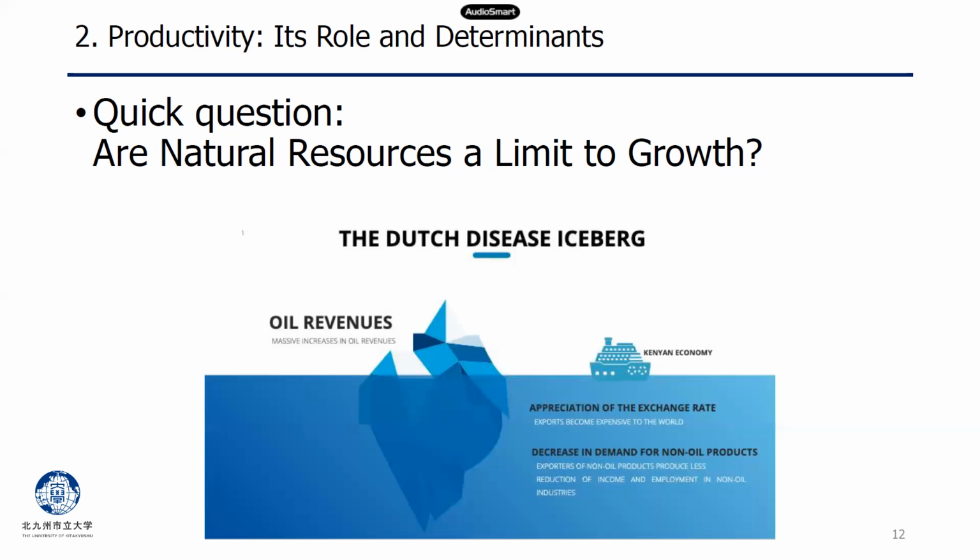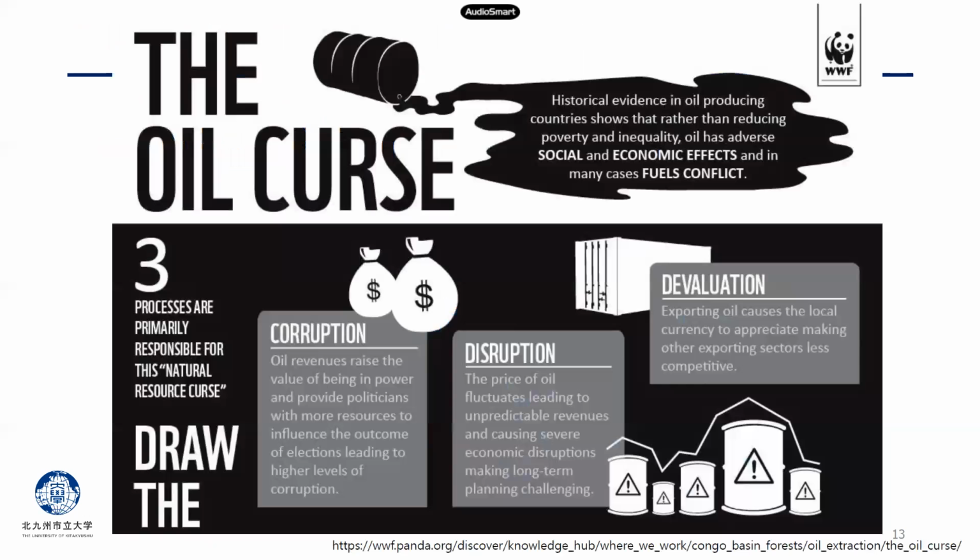So sometimes some people say that natural resources can prevent your economic growth. It's also called the oil curse. Because you have too much money already with oil, politicians or economists, anyone, people are only interested in the oil industry.